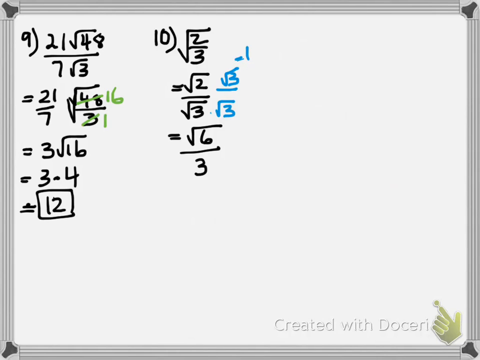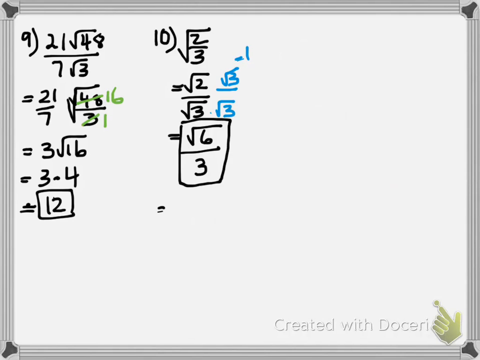But there is a problem here. John, what's the problem? We've got a radical around the 6, and we have nothing around the 3. That means 3 is an outside number, 6 is an inside number, and they don't communicate with each other. So this is actually the answer right here.